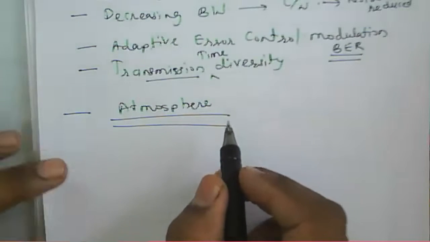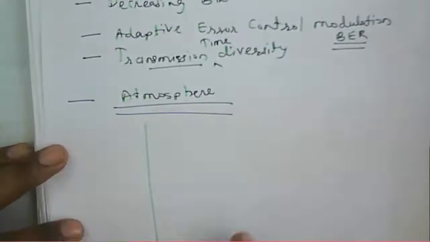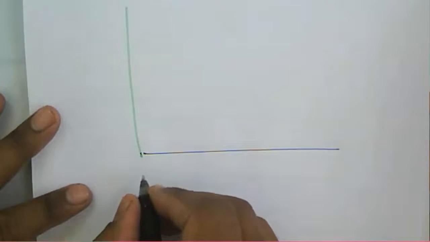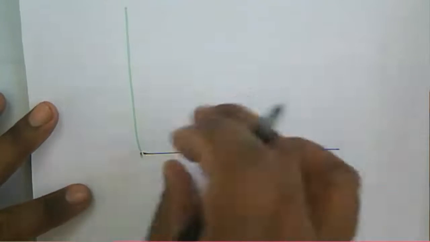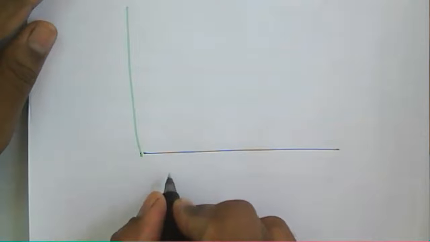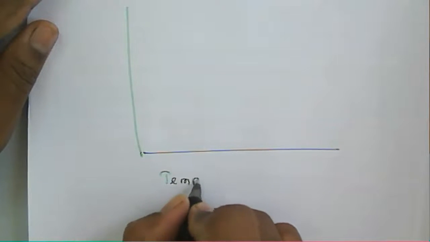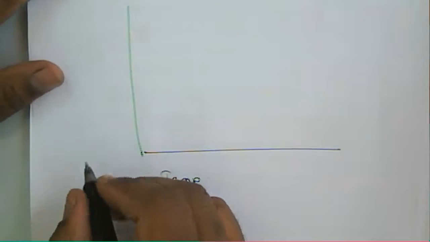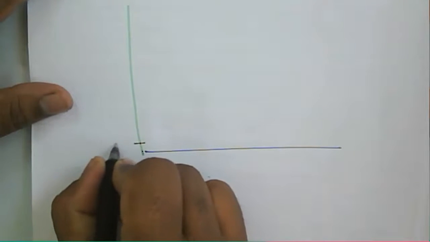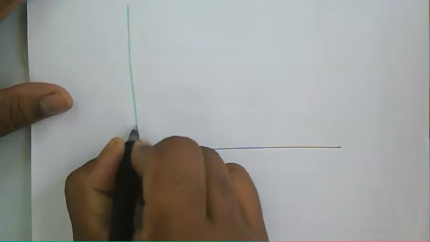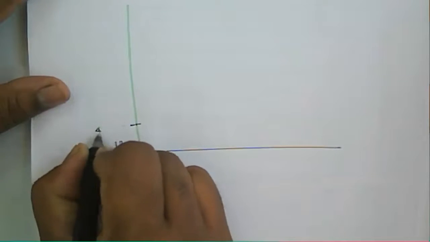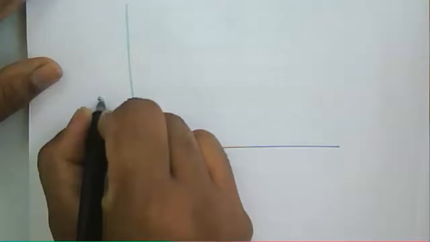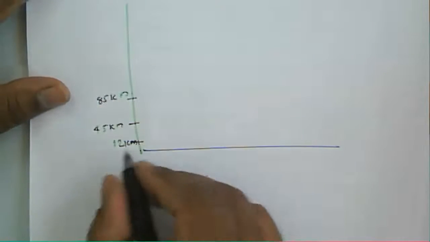Atmospheric surrounding means, in terms of temperature or electron density, we consider the characteristics or propagation effects in the different layers. There may be differences at different kilometer values, at that particular altitude. So the regions are there.